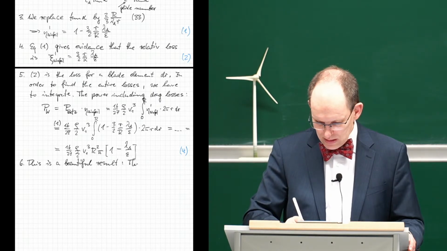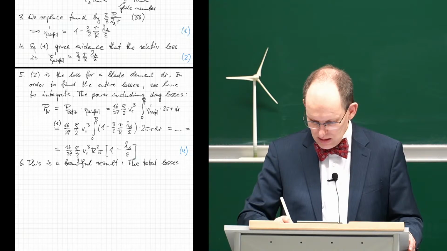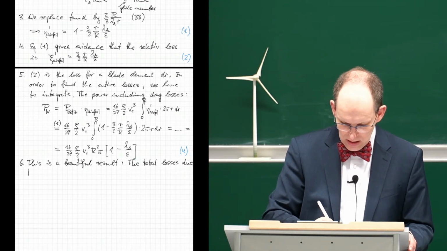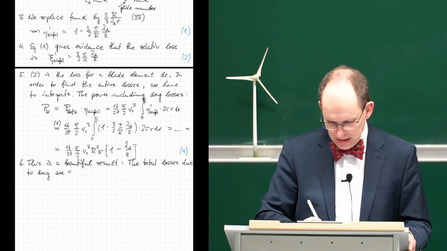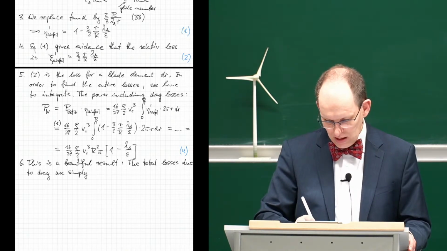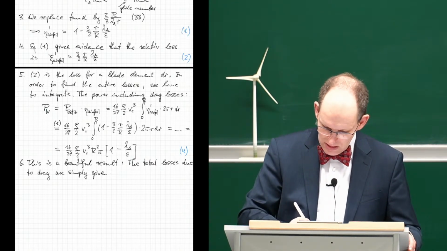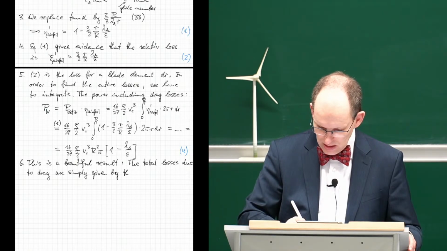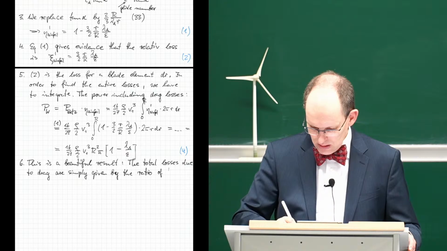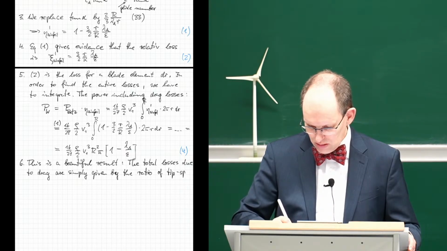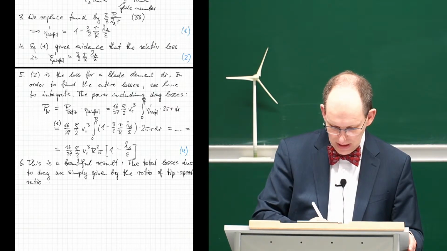So the total losses, this is what we calculated. The total losses due to drag are simply given by the ratio of tip speed ratio and glide number.